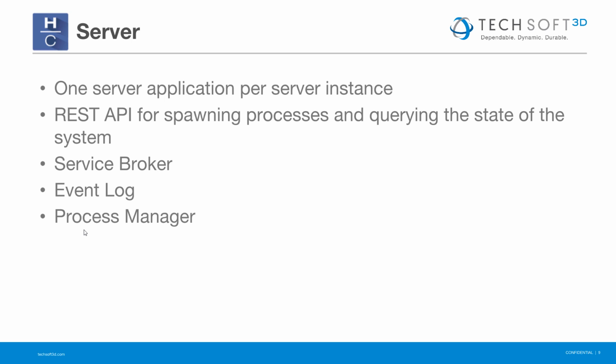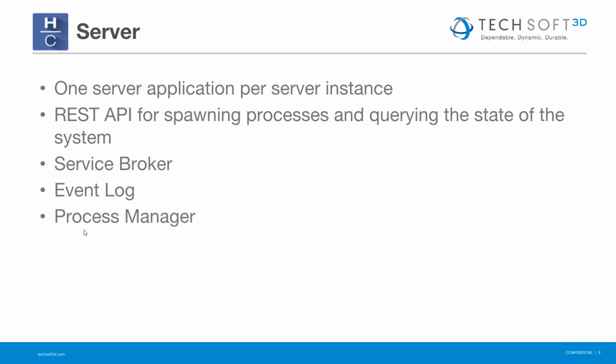Now, the server has 3 components that are running inside it. It has a service broker, and the service broker is the one that's going to actually be receiving these requests and creating the processes. Now, we also have an event log, which is going to provide you a list of events that happen in the system. So every time we spawn a process, we'll make a note in the event log.